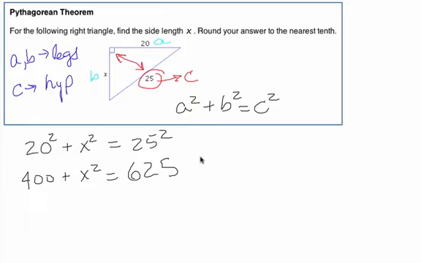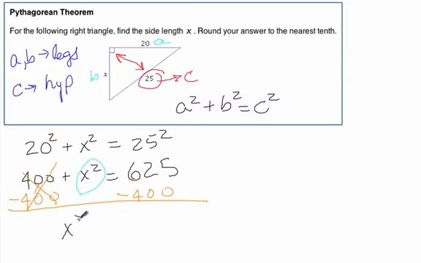Solving this for x, we have a couple of steps. First thing we have to do is subtract 400 from both sides. If we subtract this 400 from this side, we have to subtract 400 from the other side because we want this to go away. So we're just left with our x squared.